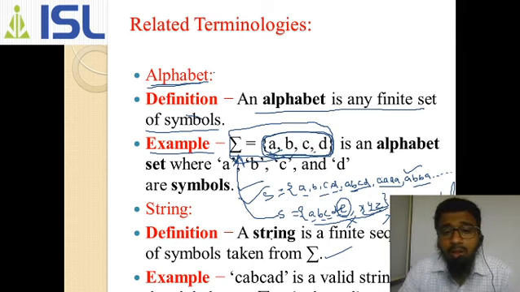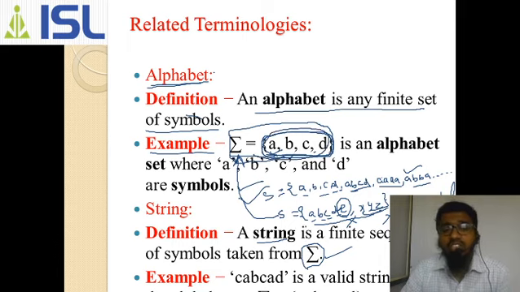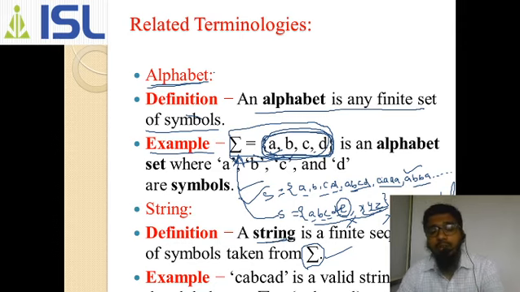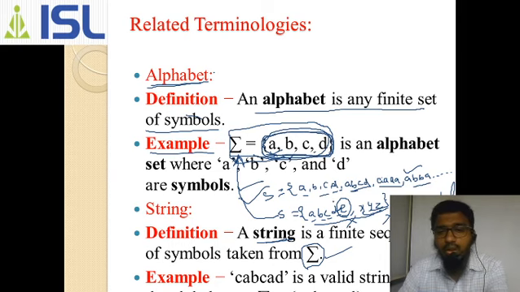Whatever alphabets are there in sigma, only those you must take. Which alphabets are not available in sigma, you cannot use to make a string. Okay, so I showed you valid and not valid strings.